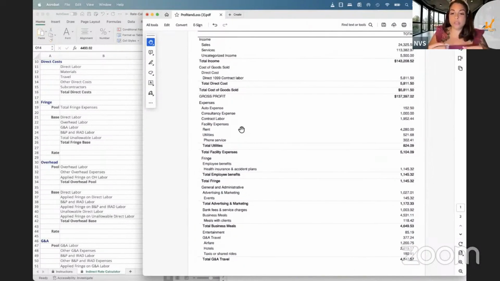Now, direct costs are all the costs that you utilize against a project. Those are not indirect costs. They're direct costs. Direct costs are billable to the government. So direct labor, direct materials, your subcontractors, other direct costs such as shipping, all those costs can be directly 100% billed on a contract to the government.